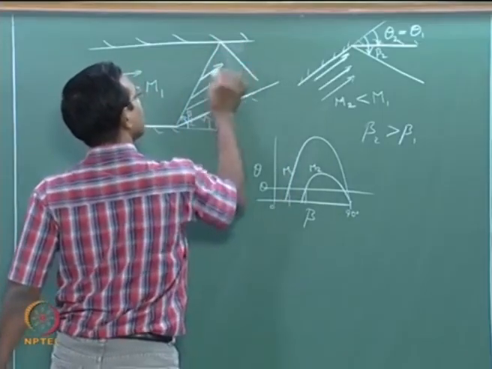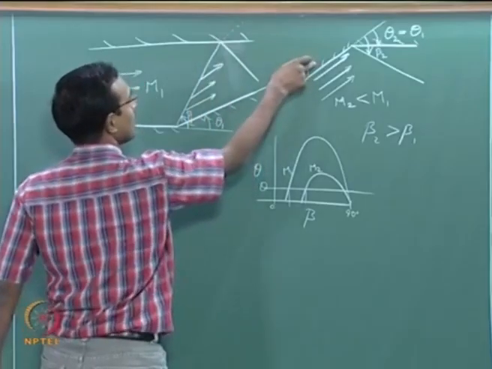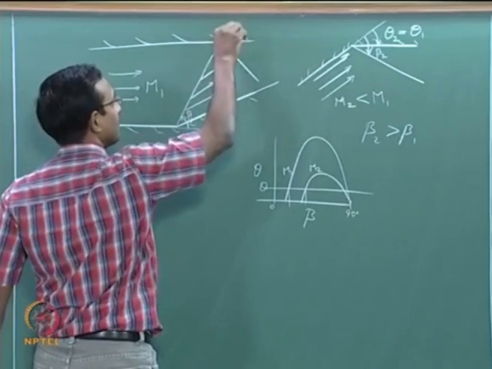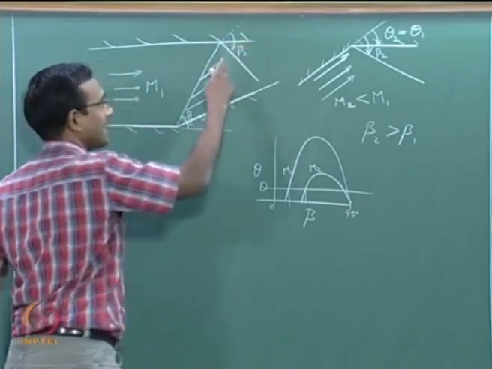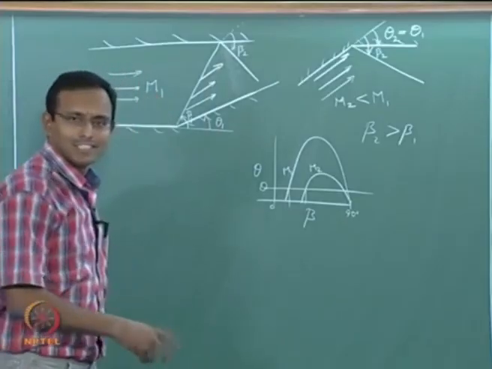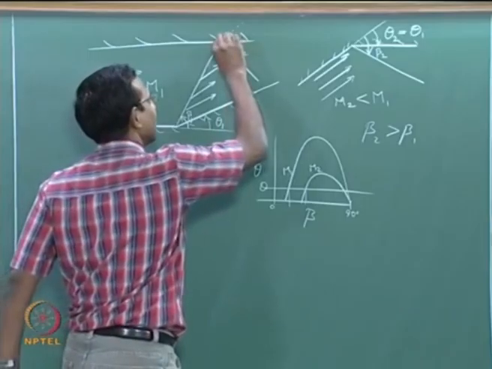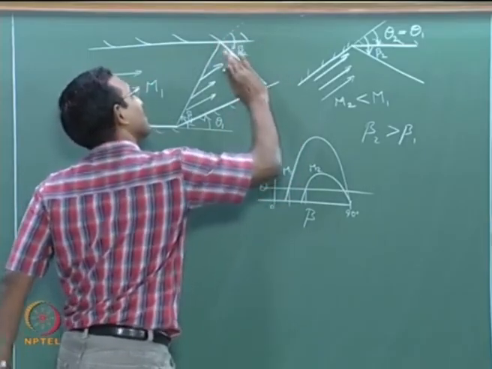With respect to this line, I will draw that dotted line parallel to this, which was your original wall. From there it turned in, this is your beta 2, and this can never be more than 90 degrees. The way I have drawn it, it is close to 90, but let us assume that it is less than 90. It is supposed to be slightly there, it is more correct.